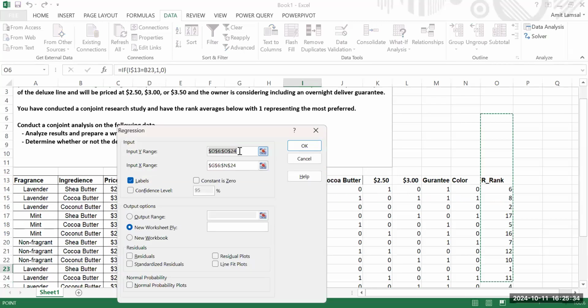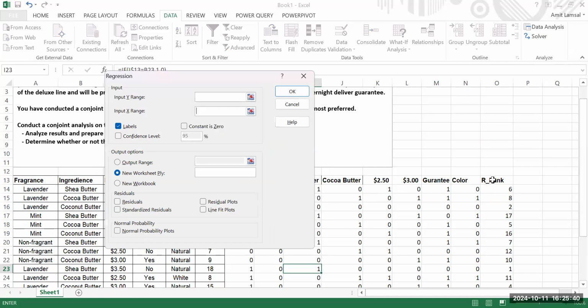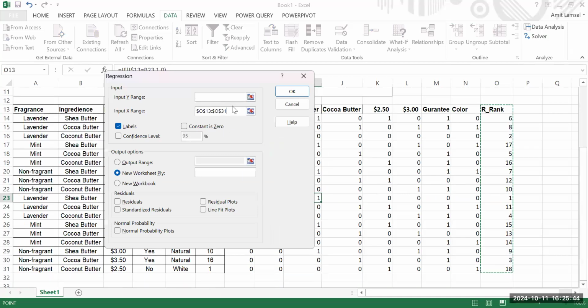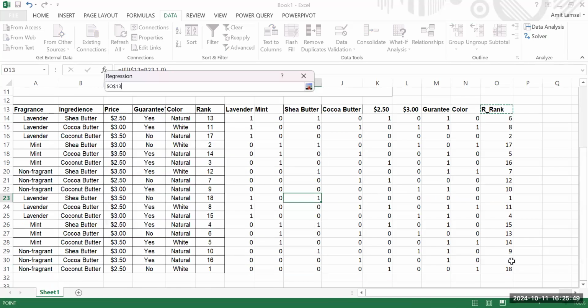Okay, it's already given here, so I will just be cleaning up all these. You will have the y range of rank over here, and the x range from lavender to color.